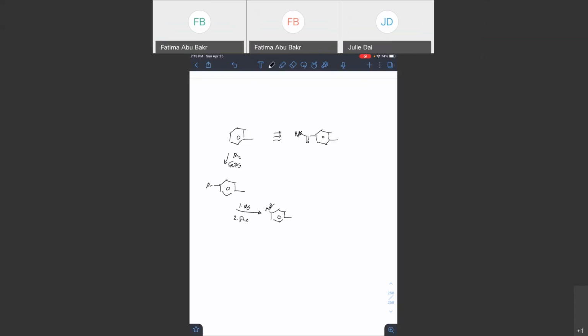And then at that point, all we have to do is CO2, and that'll turn it into an acid. And then finally, all we have to do is react it with NH3.